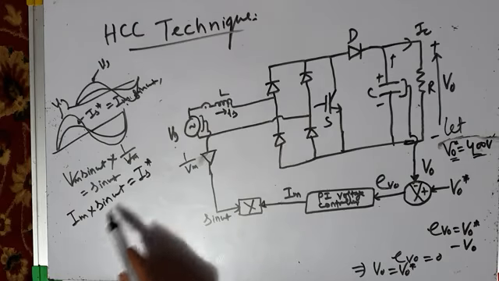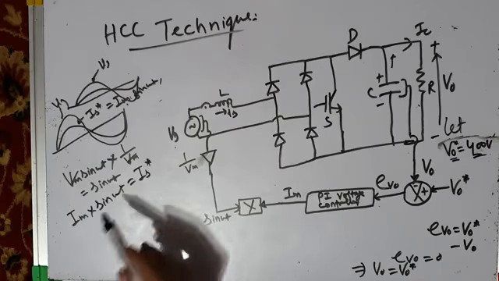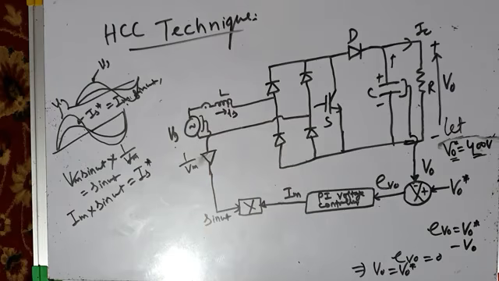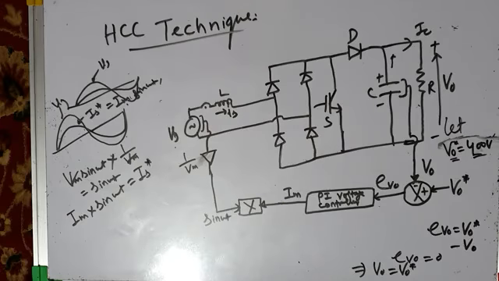Your reference current therefore is purely sinusoidal in nature, and it is in phase with the voltage, because this sin omega t we have actually got from the source voltage itself. So your reference current is purely sinusoidal, and it is in phase with the source voltage, and its peak value will be determined by this PI voltage controller. What does that mean?